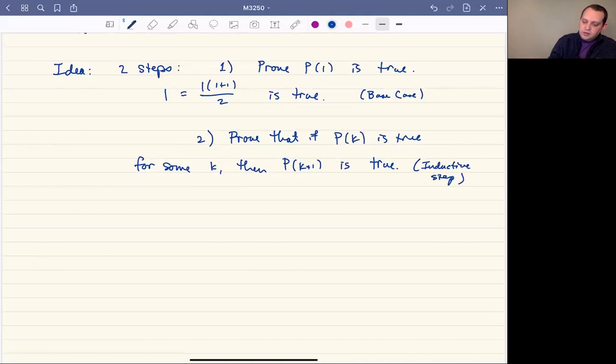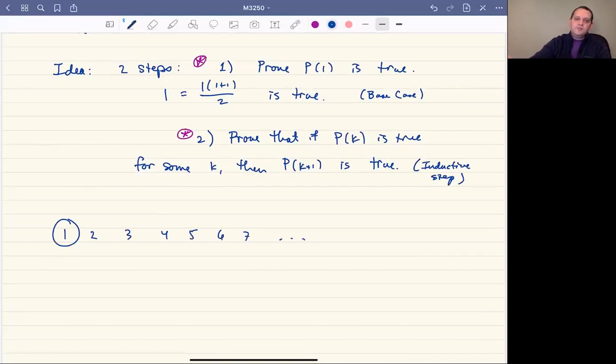Okay, so there's, again, two steps here. And the way that this is going to work is as follows. So I want to prove that some statement is true for 1, 2, 3, 4, 5, 6, 7. You can go as far as you want. We checked that the statement's true for 1, so we don't have to do any more work. We know that the formula is true when n is equal to 1.